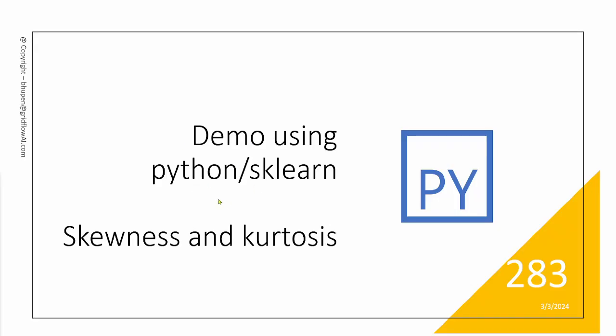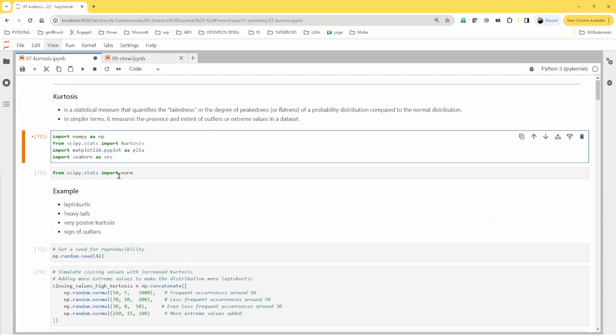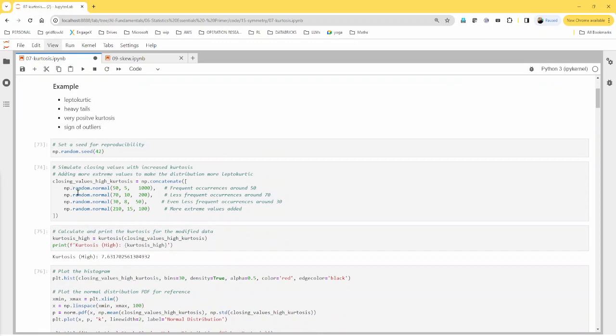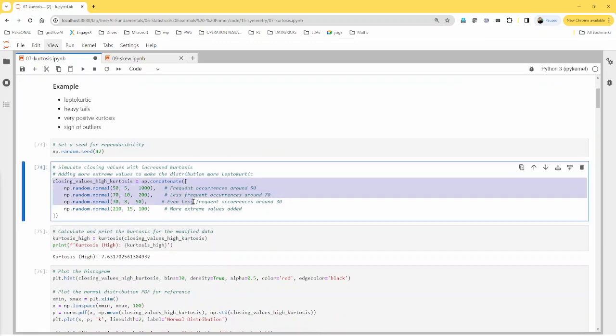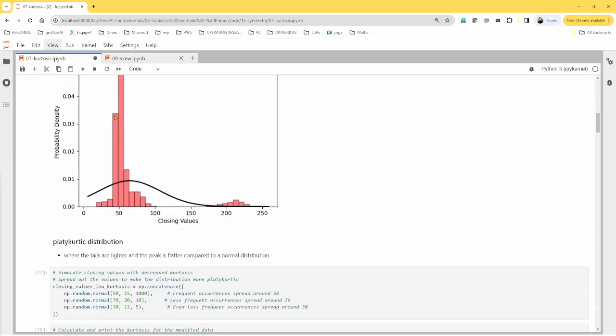Next, let's take a look at the Python code to understand how this looks in terms of coding. Let's look at a simple example here with some dummy data. Here are the stock prices that I showed you in the slides. I'm making up data which will return high kurtosis, and if you plot it, it will look like this.